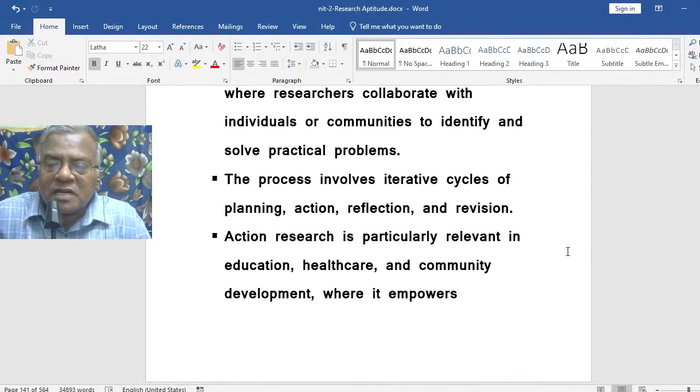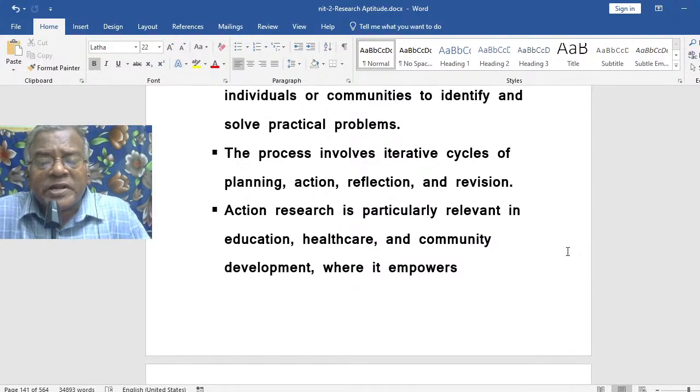Iterative cycle means a repetitive cycle. It is repeated till we get the correct theory or the comprehensive theory. So the process involves iterative cycles of planning, action, reflection and revision.